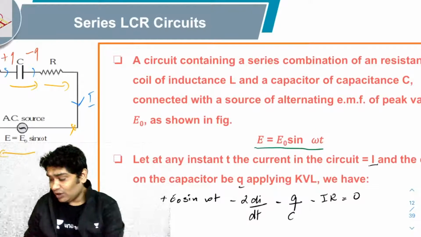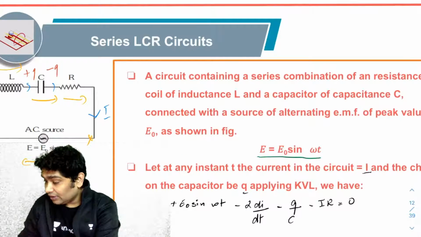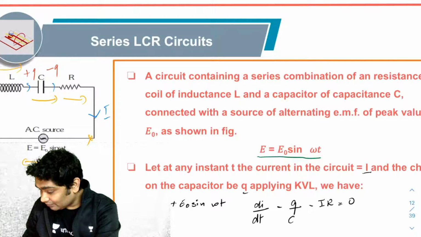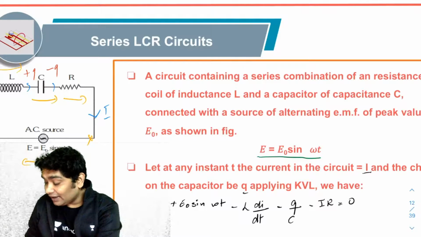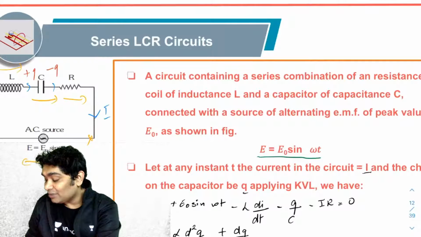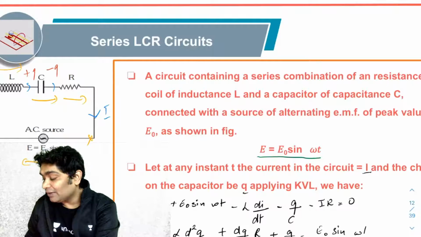I can rewrite this, since I is dq by dt, as L times d2Q over dt2, plus dq by dt times R, plus Q over C equals E naught sine of omega t.